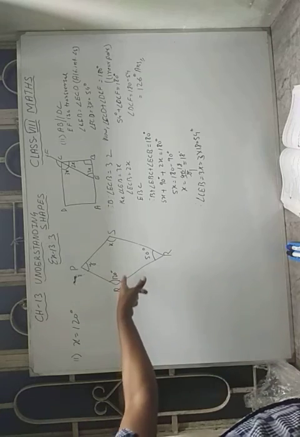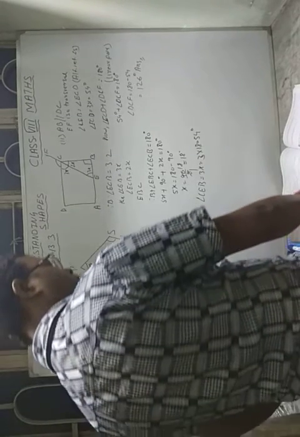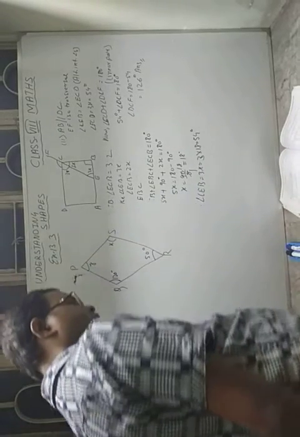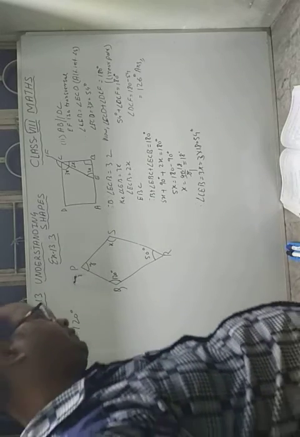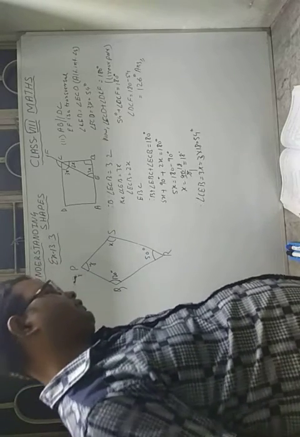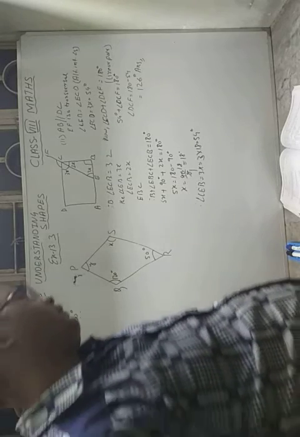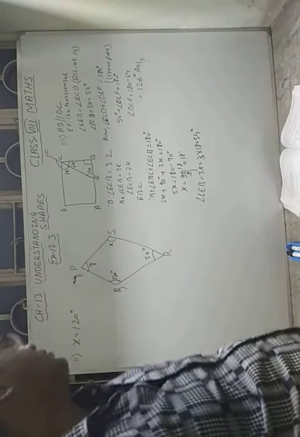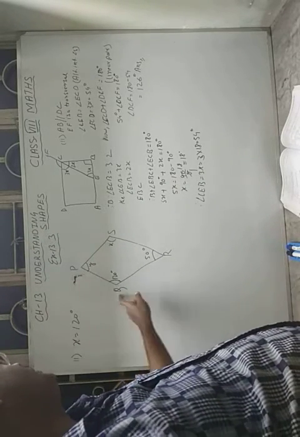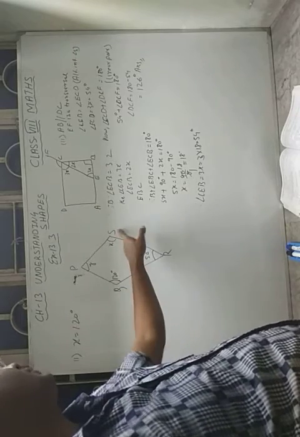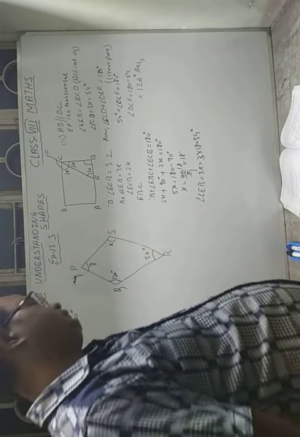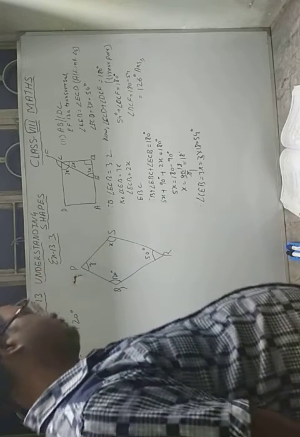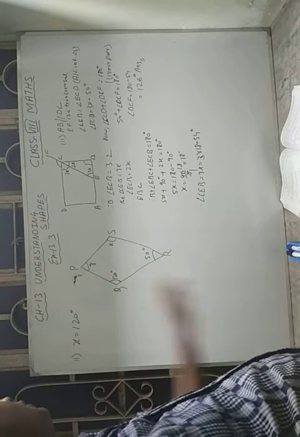Because one pair of opposite angles is equal. This property is given in your book: in a kite ABCD, AB is equal to CB and AD is equal to CD, so angle A is always equal to angle C. So x will be equal to 120 degrees.